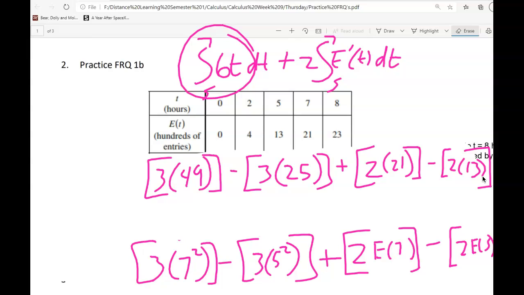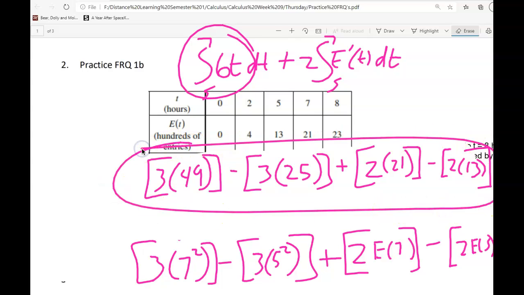And the more you simplify, the more likely you are to get it wrong. So you might as well just leave it at that point. And so for this one, my guess is that this one could either be worth 1 point because they've already tested your ability to do integration, so they might not give you another point for integrating again, like changing e prime into e whenever you integrate it.